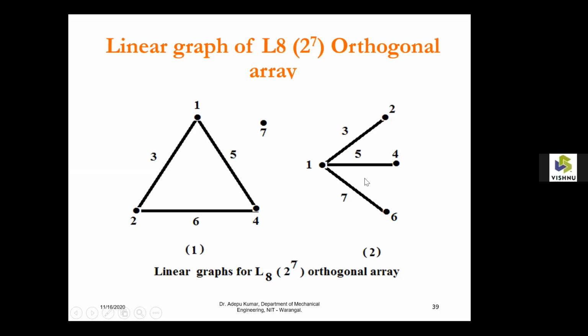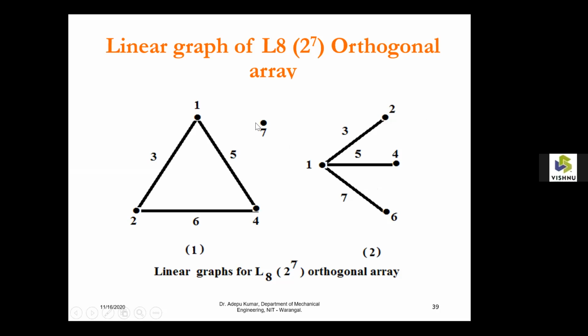See the difference. Once you have 4 parameters, let us say somebody wishes to know the interaction between A and B, A and C, A and D. If interaction exists based on prior experimentation, then you should consider this type of linear graph.